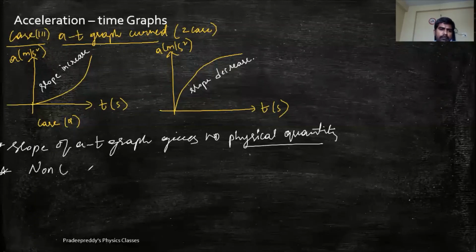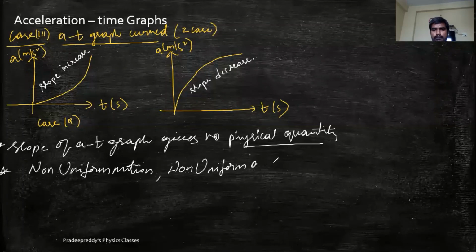The only things you can learn from these graphs are non-uniform motion and non-uniform acceleration. Change in acceleration is variable with respect to time.